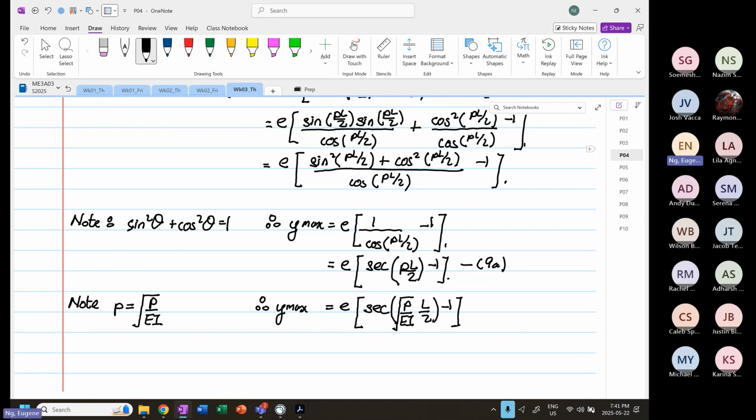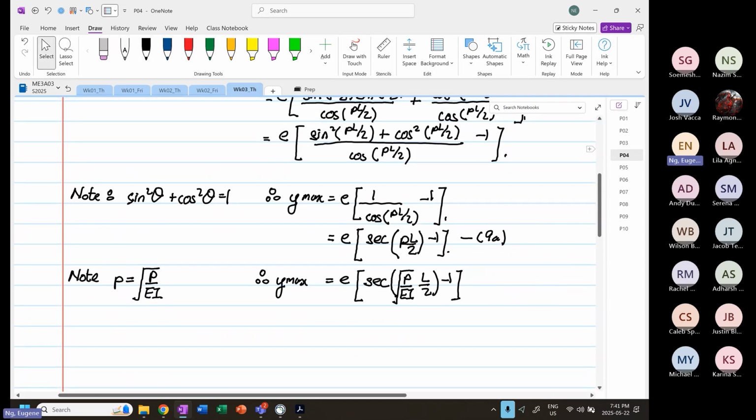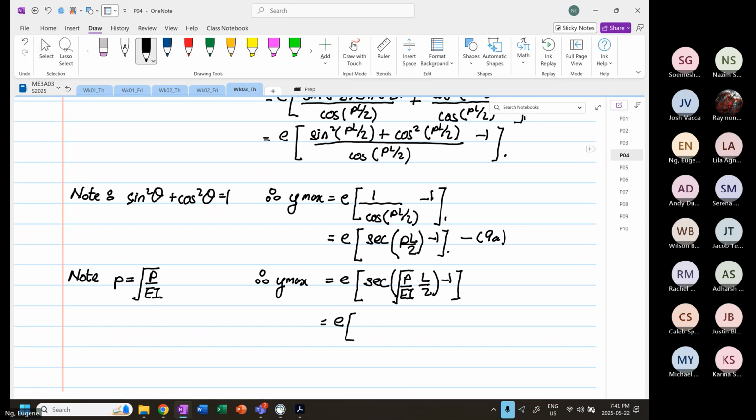Now, what we are going to do next is rewrite this equation. Nothing major. So this will be 1 over cosine of square root P over EI multiplied by L over 2, and minus 1, okay?